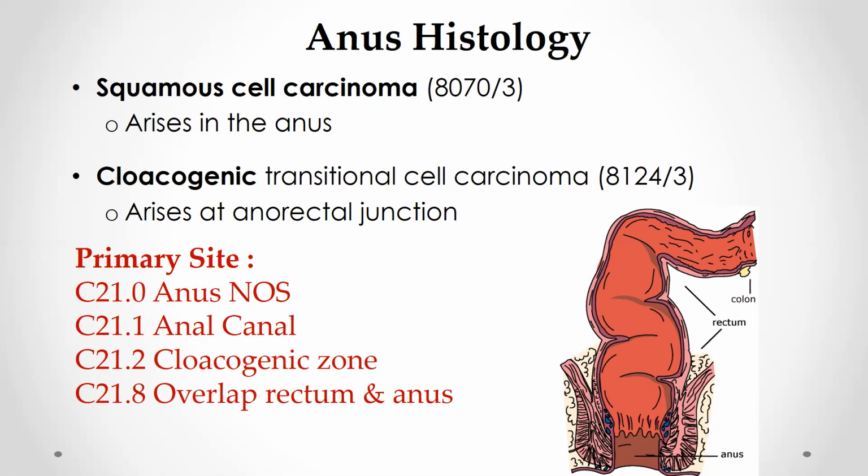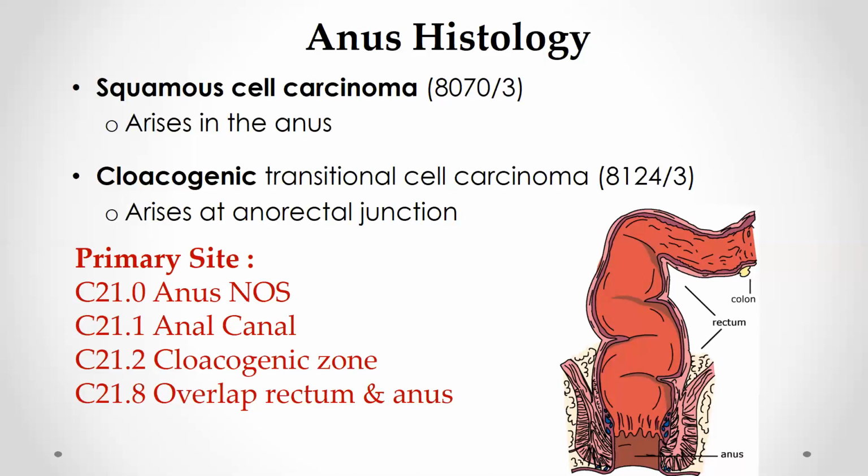Squamous cell carcinoma, the 8070, will arise in the anus since this area is lined by squamous epithelium. Also, there's a type of transitional cell carcinoma called cloacogenic, and that will arise at the anal rectal junction, and that has its own histology code of 8124.